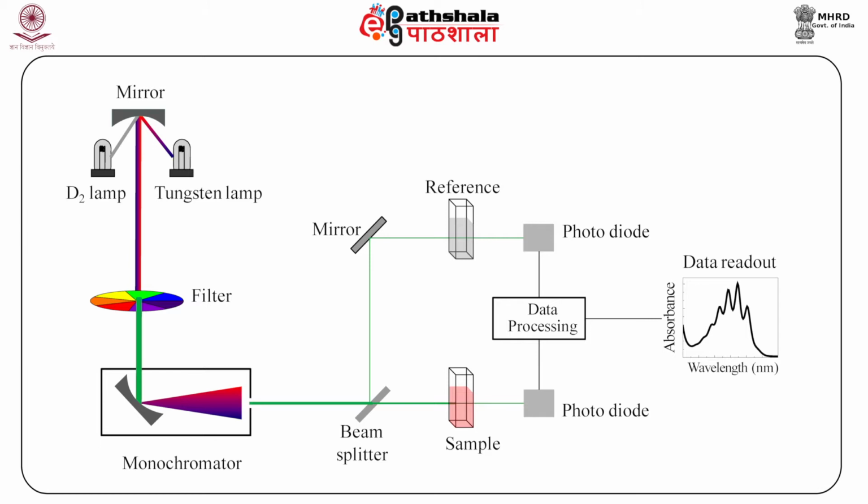In a short span, the spectrometer scans the component wavelengths. The visible region scanned is usually in the region of 400 to 800 nanometers, whereas for the UV region it is 200 to 400 nanometers.